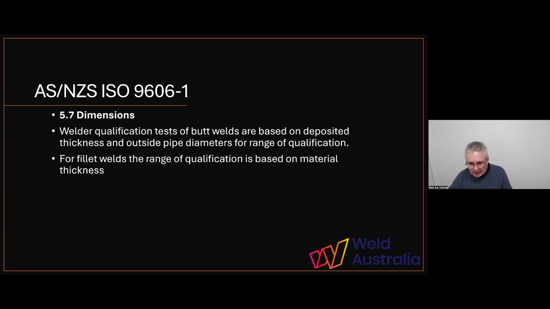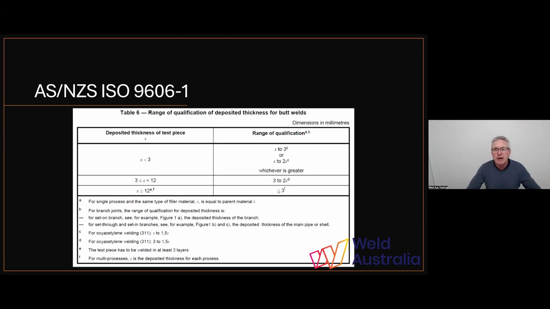So if we start to look at our first table around that, we're looking at the range of qualification of deposited thickness of a butt weld. All right, so let's say, for instance, we've done a pipe, and we've seen the deposited thickness on our designation.